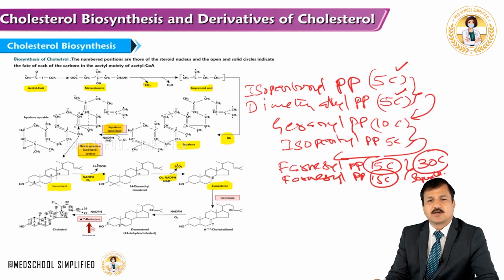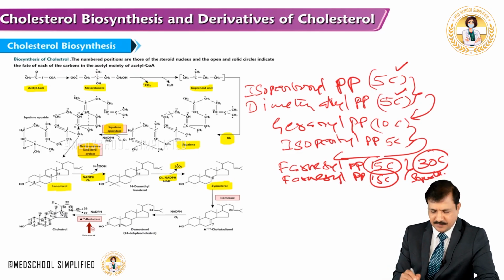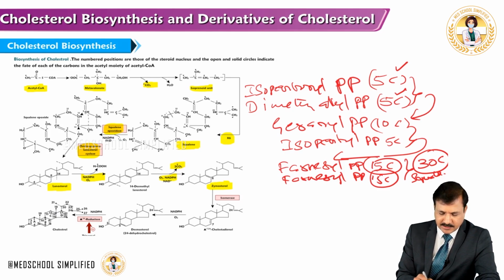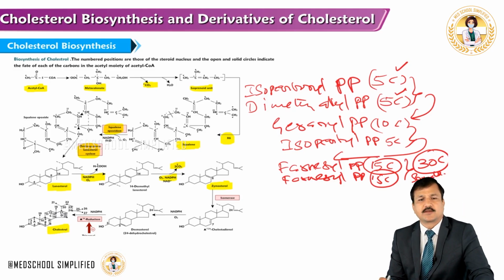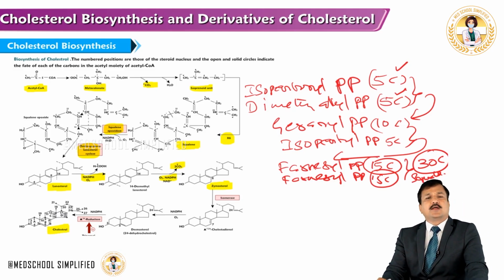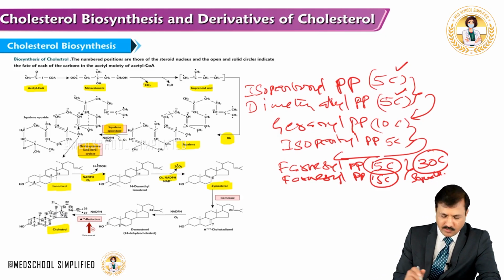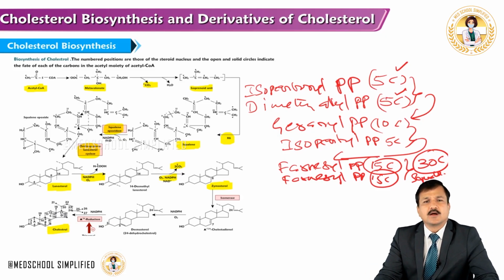Zymosterol will undergo an isomerase catalyzed reaction followed by a reduction reaction, and then another reduction reaction done by a reductase enzyme, ultimately making the cholesterol molecule. So multiple reduction and decarboxylation reactions will take lanosterol into cholesterol. Alright, so this is how we have made a complex cholesterol molecule which has 27 carbon atoms.